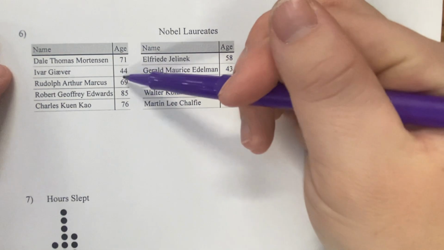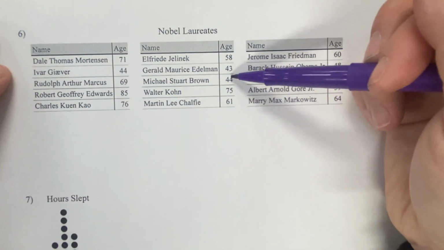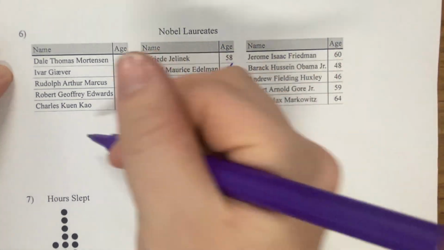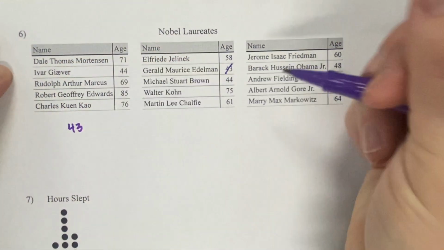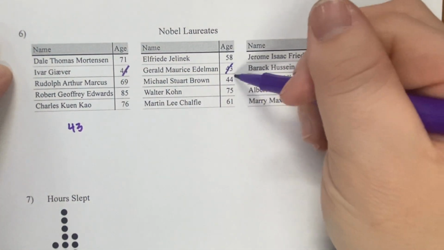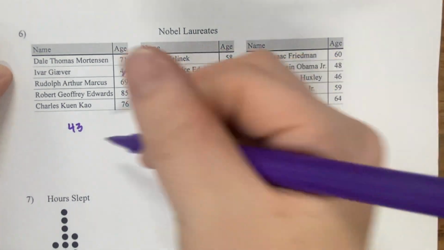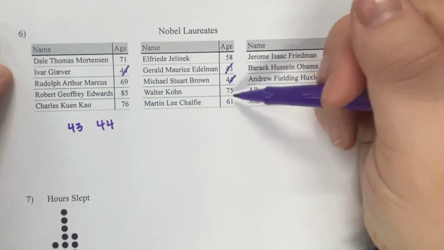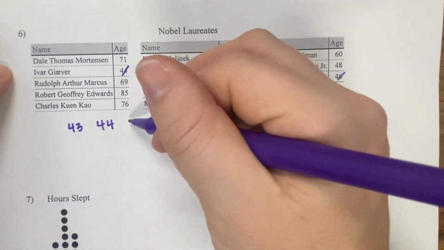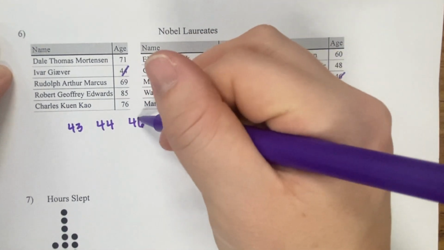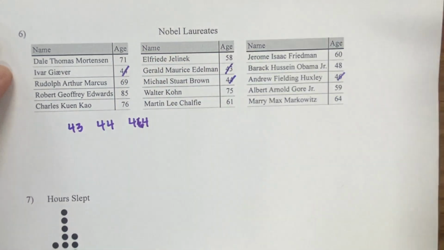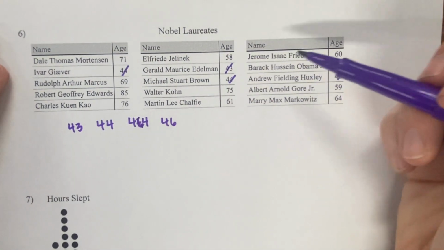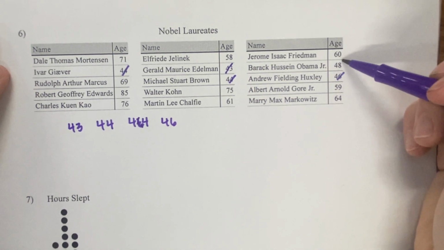So I got 43 as the lowest here, then we have two 44s. Whoops, I totally forgot to write my second 44. Then 46, and then it looks like we have a 48.